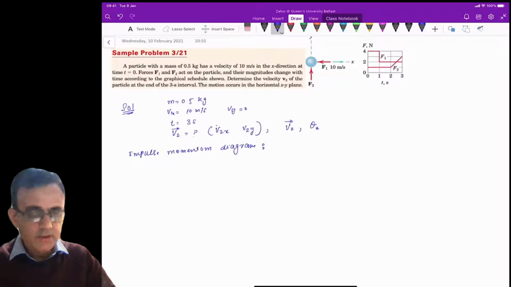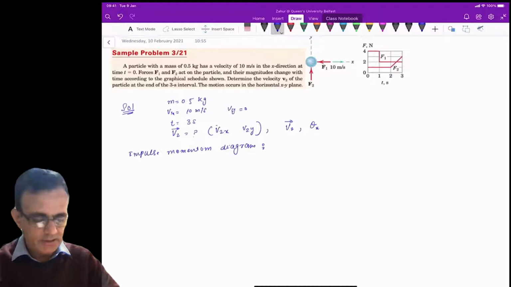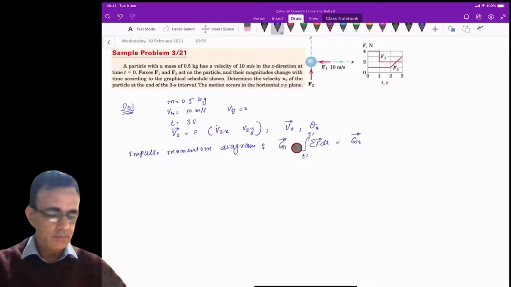The impulse momentum principle is that G1 plus impulse, which is the integration of forces from time t1 to t2, F dt, equals G2.